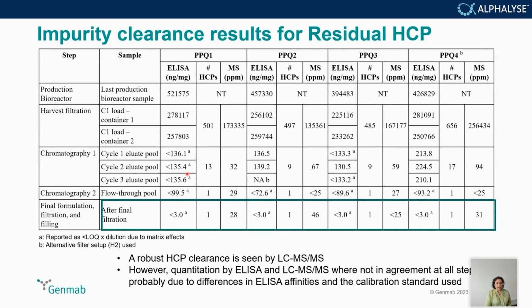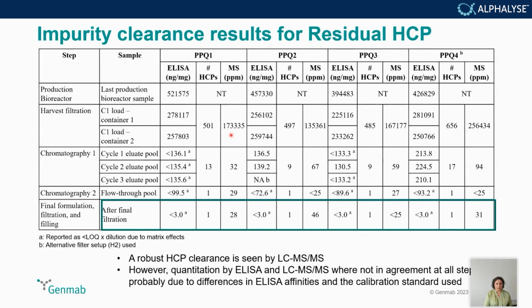Another thing we can compare is that at the beginning we have around 2700 ppm, and we have more or less consistent levels.